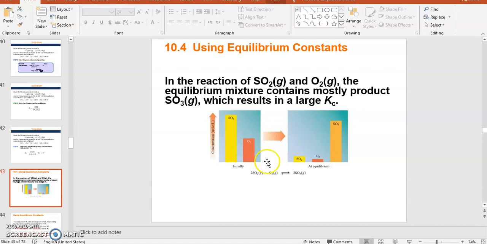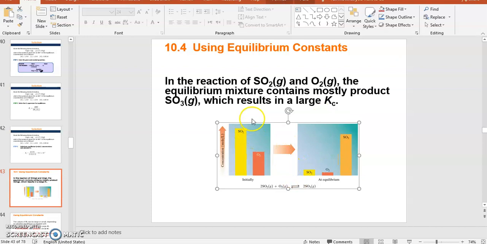After a while, and specifically at equilibrium, you can see that the product is already formed, and the quantity of the oxygen and SO2 are lower. So the concentration of the reactants is lower than the concentration of the product. So this will result in a large Kc.